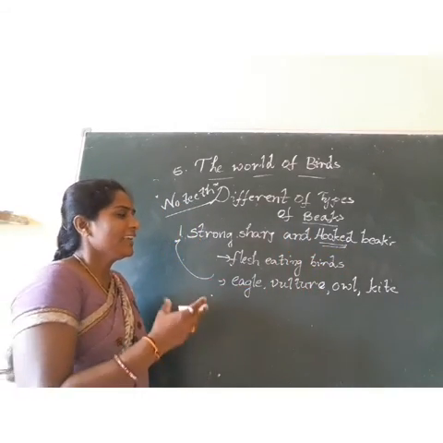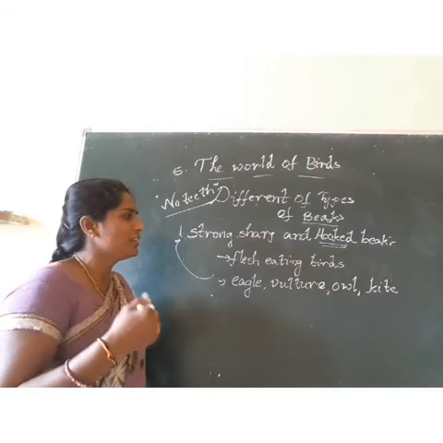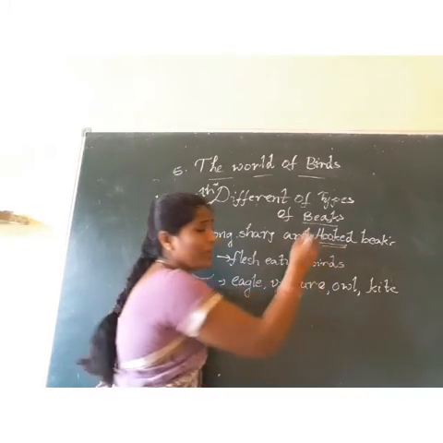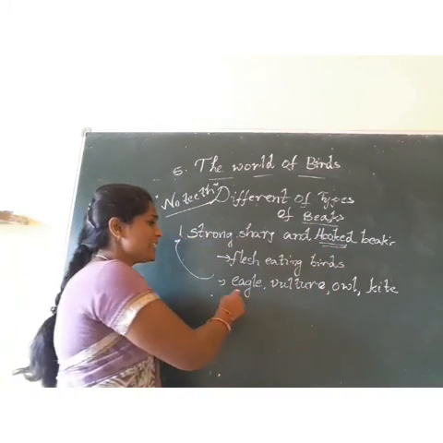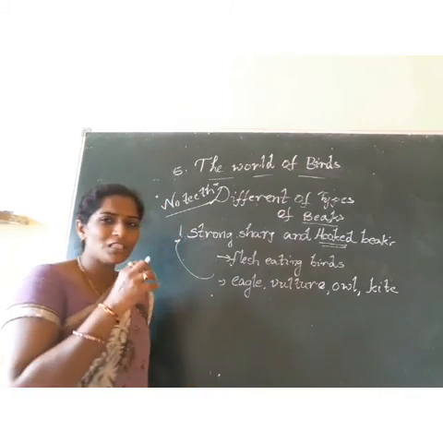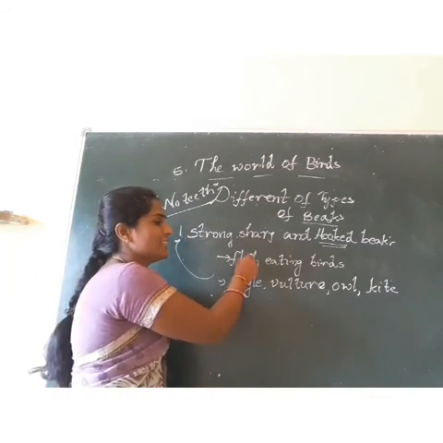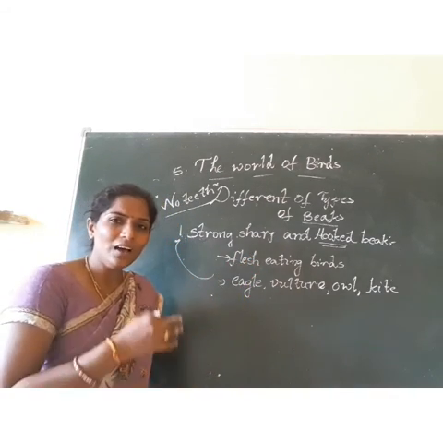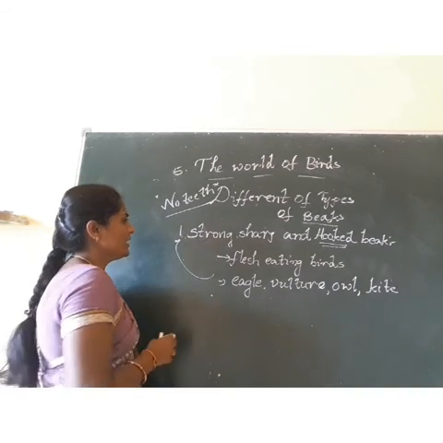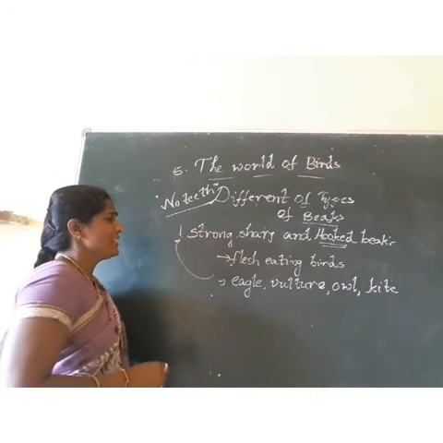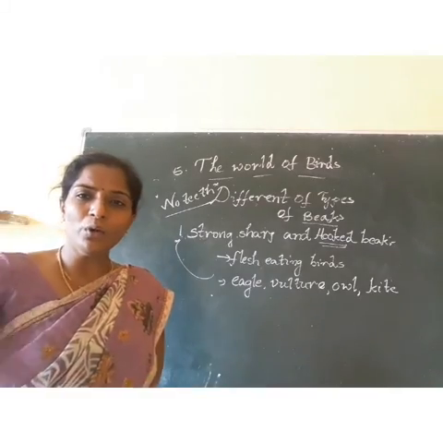Children, they can tear the flesh of other animals with their hooked beak only. So these birds use their beak while tearing the flesh of other animals. So we call this strong, sharp and hooked beak.